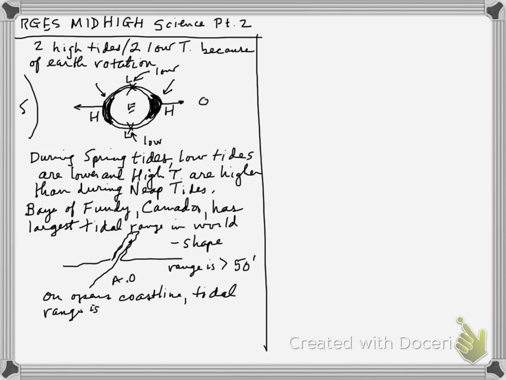It's usually about 6 to 10 feet. So here's a place where it's up to 10 times bigger in its tidal range. Isn't that amazing? So we have a really interesting thing here.